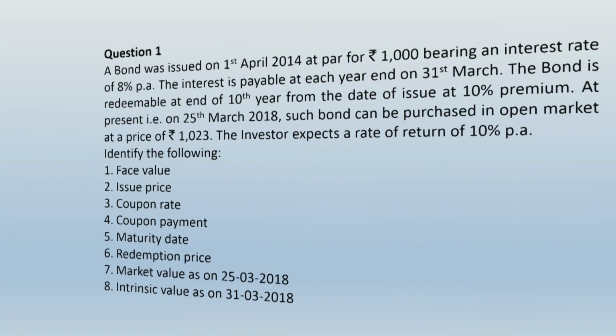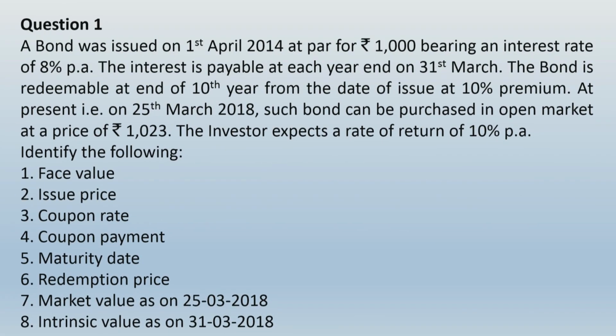Let us move ahead, and now we take up the very first question, that is question number 1. Let us read this question. A bond was issued on 1st April 2014 at par for rupees 1000, bearing an interest rate of 8% per annum. The interest is payable at each year end on 31st March.